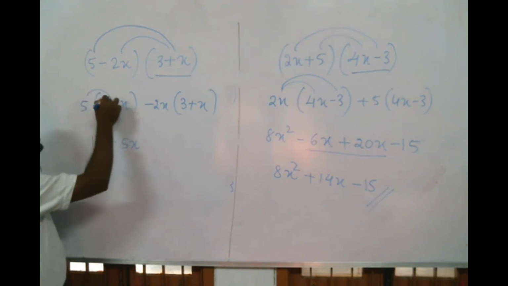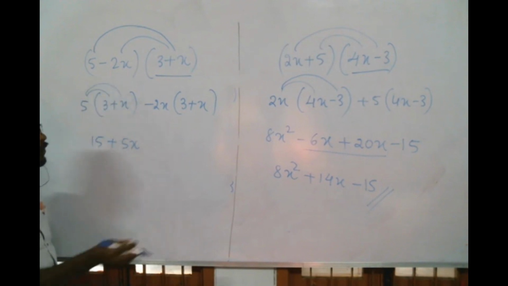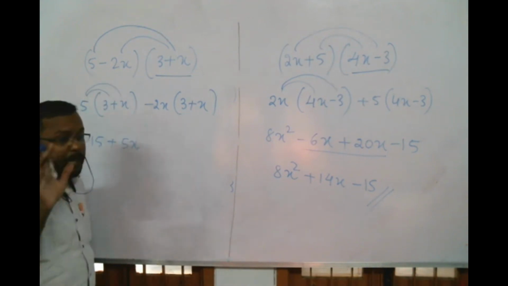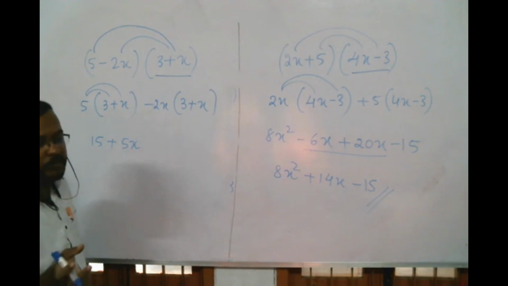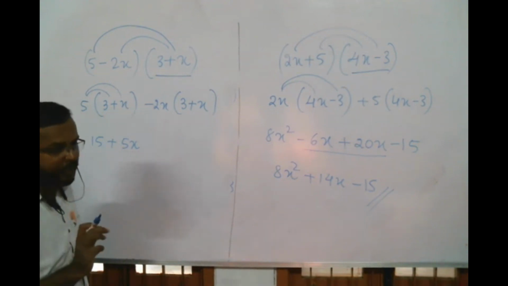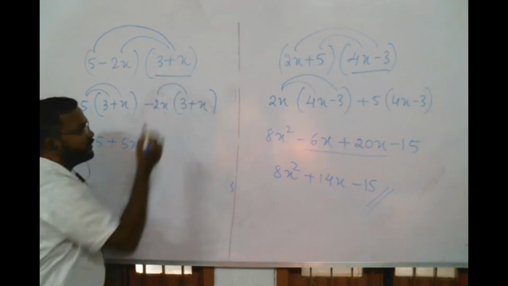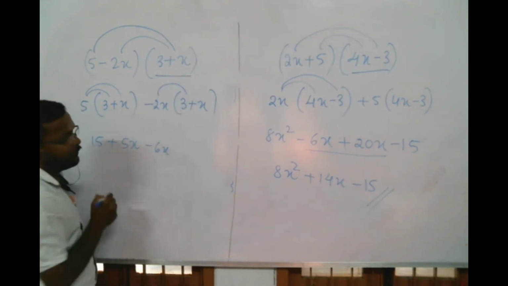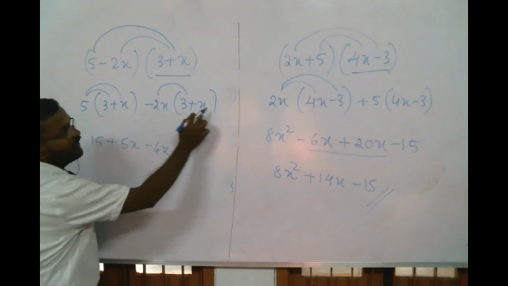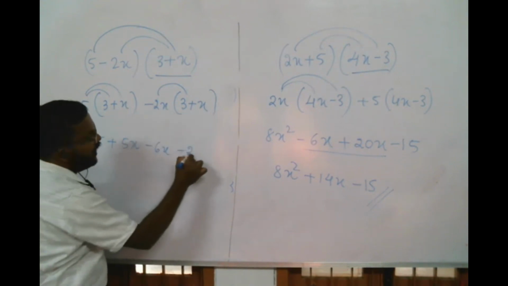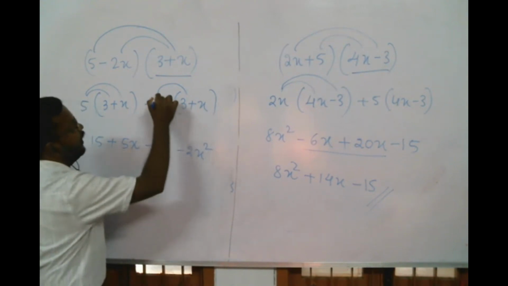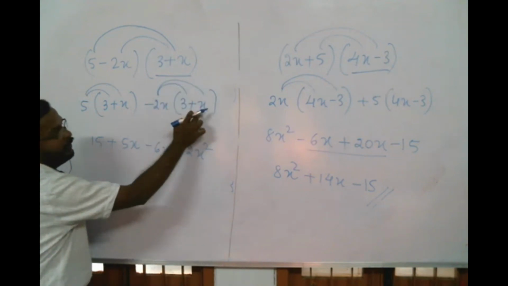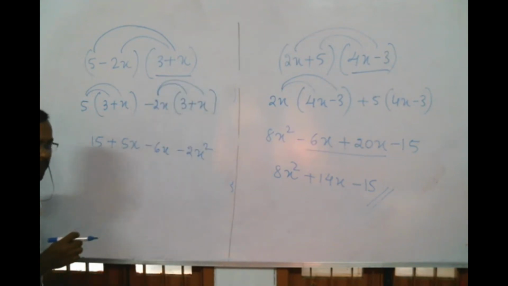Again we are using the distributive property. Now minus 2x, multiply along with the sign. So minus 2x into 3 will get minus 6x, and minus 2x into x will get minus 2x square.